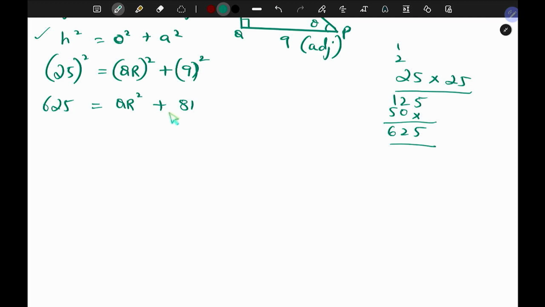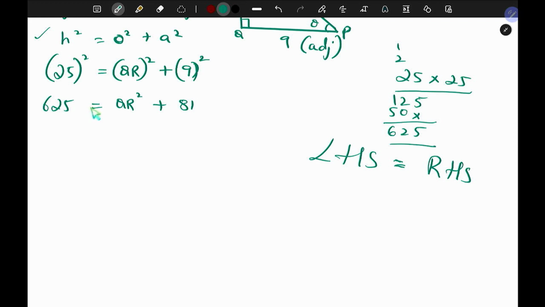Now you need to find the value of the unknown term, which is QR. The side on which QR is, is the right hand side. If you don't know what left hand side and right hand side are, we've got an equals sign in an equation.